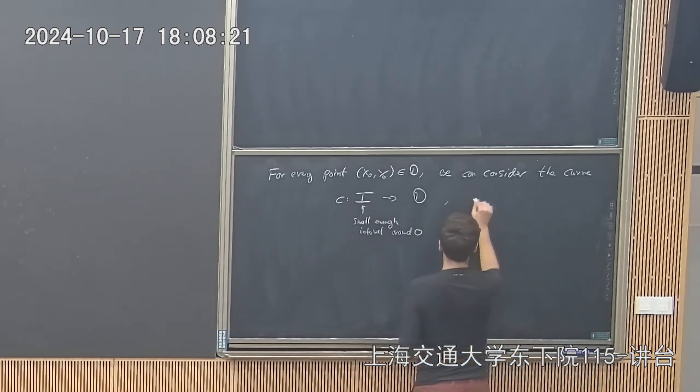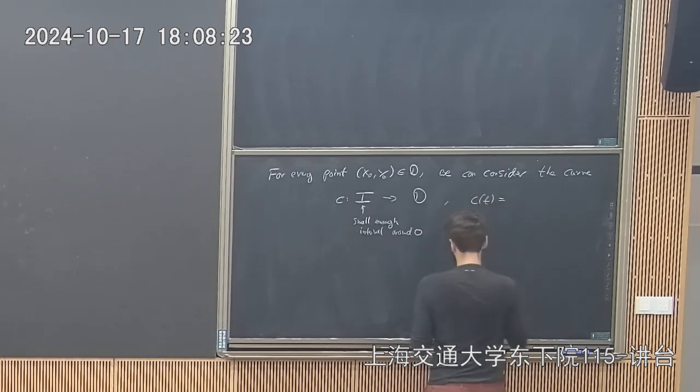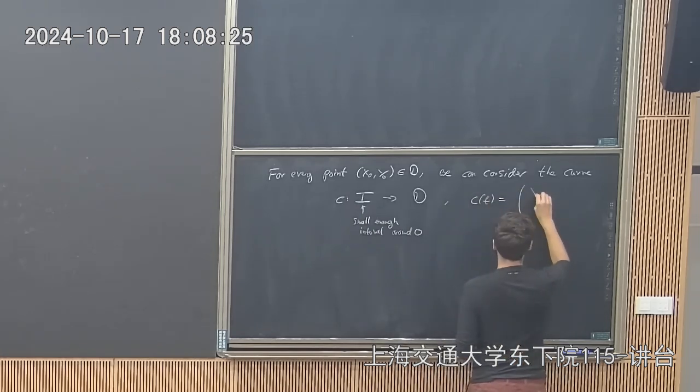And we consider that to be just the variation of the point, and then we go a little bit in the x direction.